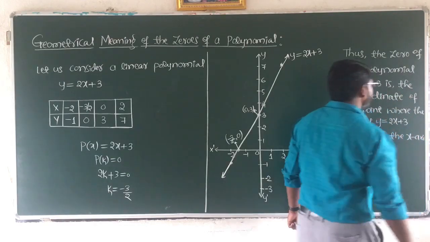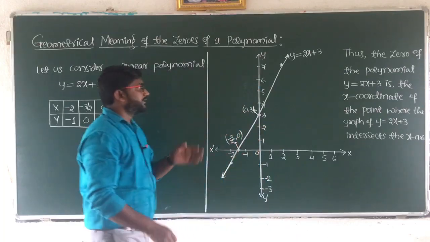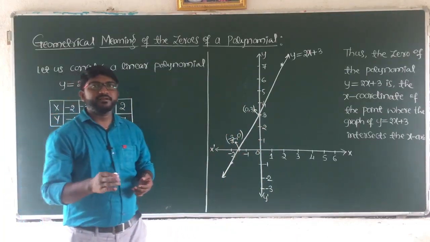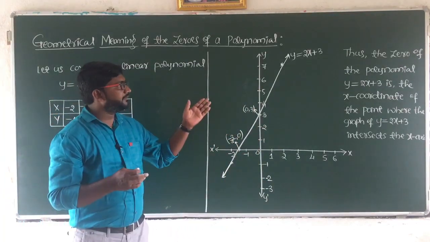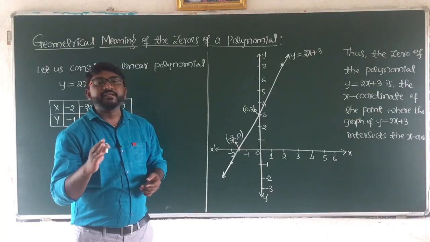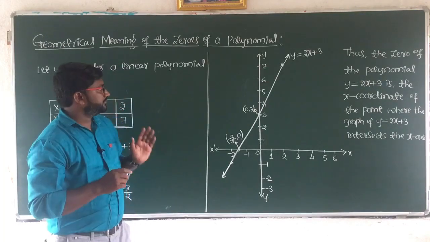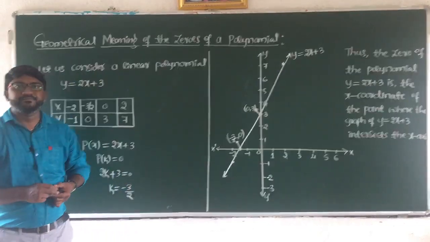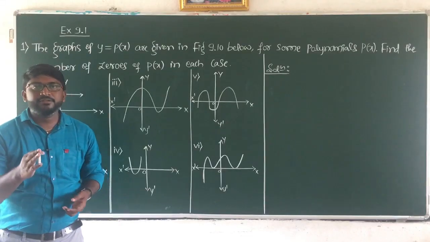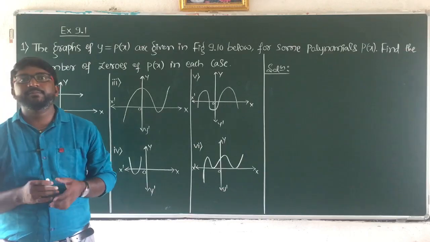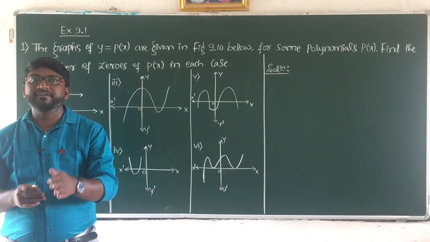So this is all about the graphical representation of a linear polynomial and the geometrical meaning of its zeros. So the linear polynomial at the most can have 1 zero. So pause the video to note it down. Well, I have discussed the graphical representation of a linear polynomial and the geometrical meaning of its zeros.